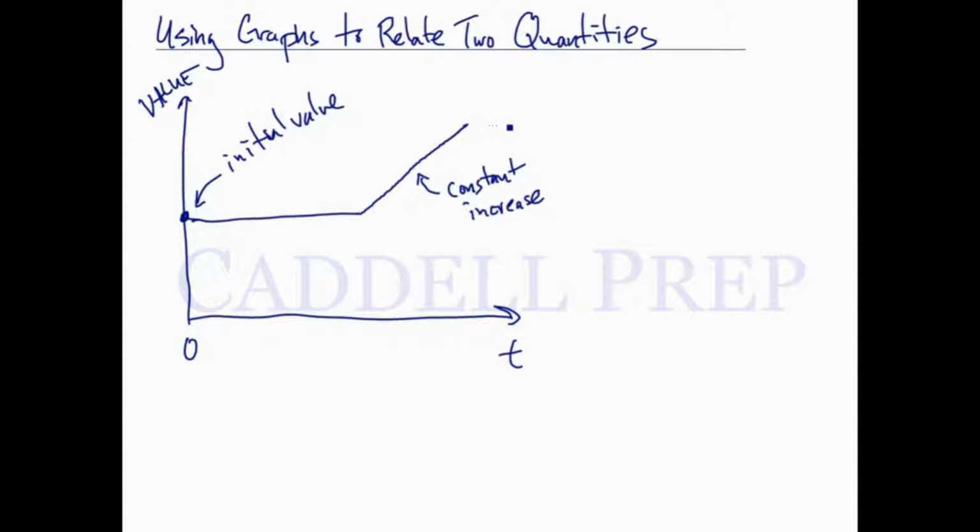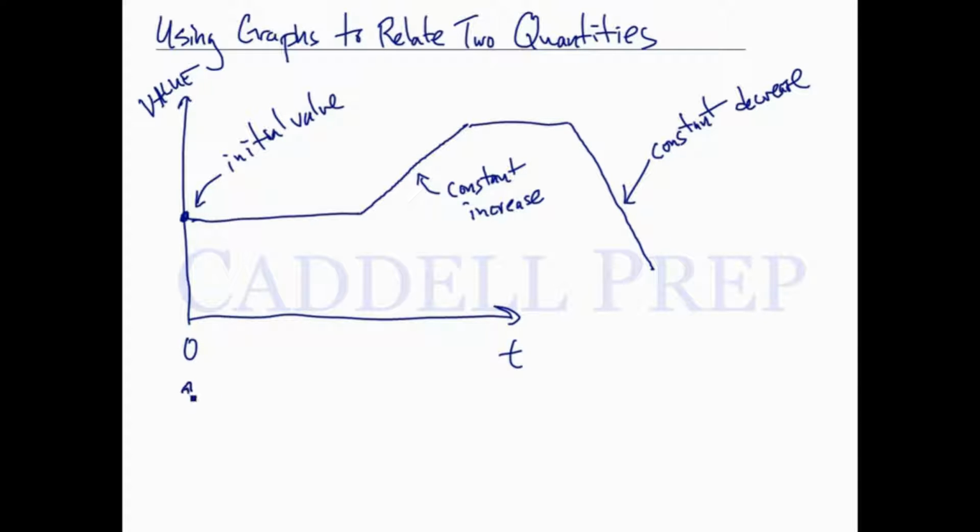Then if it is horizontal again, that means that we stopped filling it or stopped doing whatever we were doing. If it goes down in a straight line, this is a constant decrease.